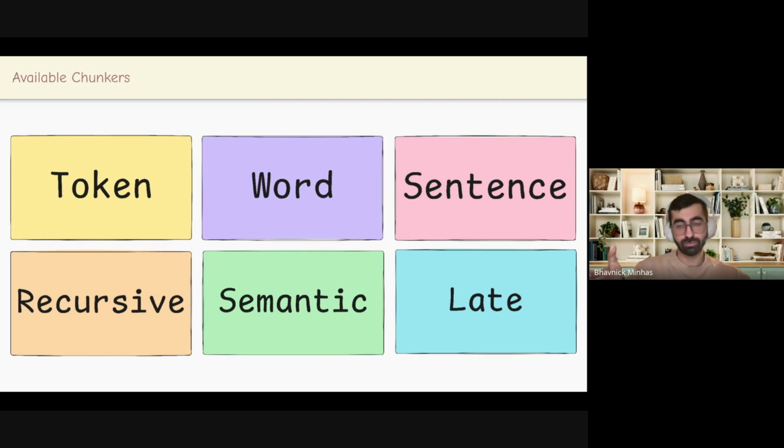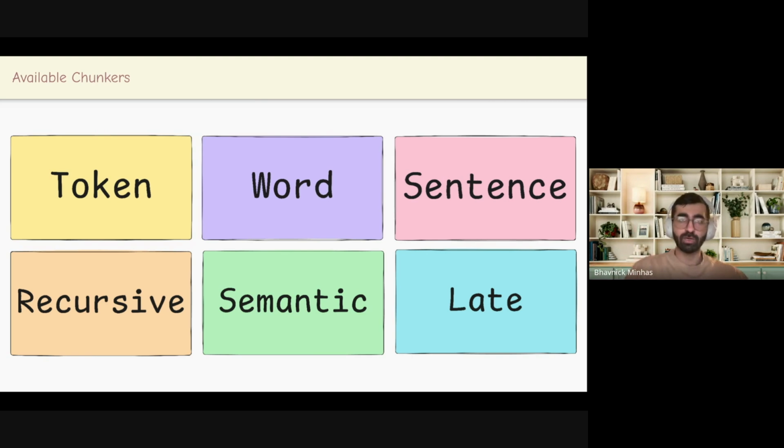The next great beginning point is recursive, that I used in one of the examples before. What recursive means is that it goes from high to low on the structure that you define. Let's say you have a markdown document and there are headings of different levels. Then it will go from the highest level of heading to smaller levels till it splits apart each thing into something that's equivalent in terms of token counts.